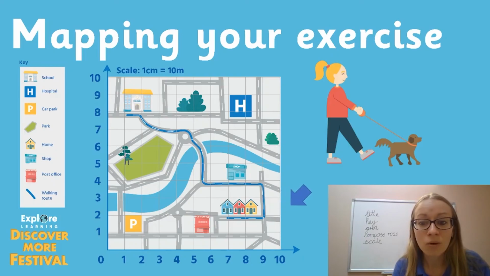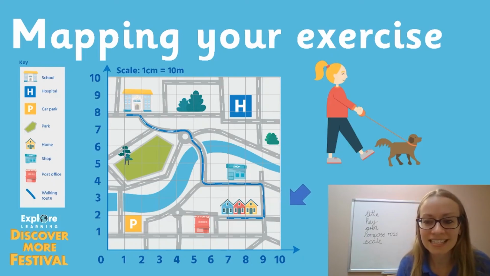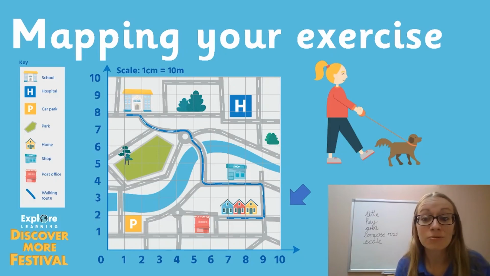Okay, and when we used scale to calculate distance earlier on in the lesson, you'll remember that the distance was 130 metres approximately from my home to the school. And you could try adding an exercise route of your own to a map if you want to.